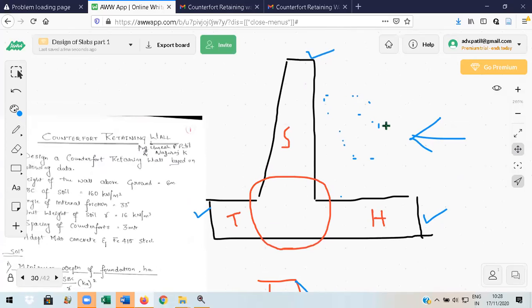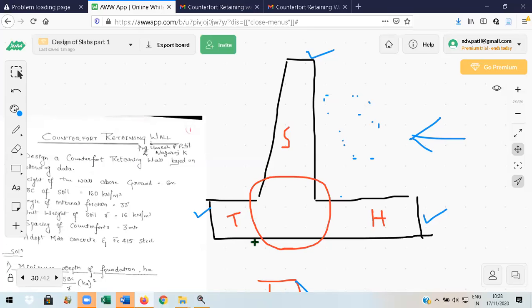Whenever we calculate steel for bending moment Mu, for example, Mu by bd square is calculated, and corresponding steel, that is SP16 table, is referred. We are going to find Pt. From Pt, I am going to find Ast value, or any formula you can use. But basically, steel depends upon the bending moment Mu only.